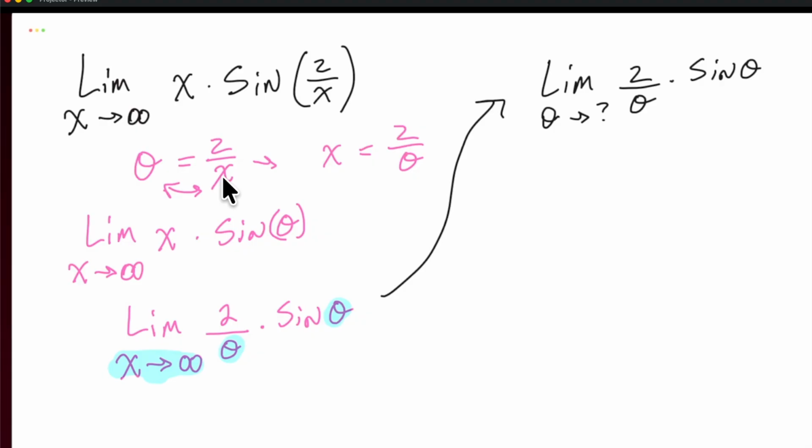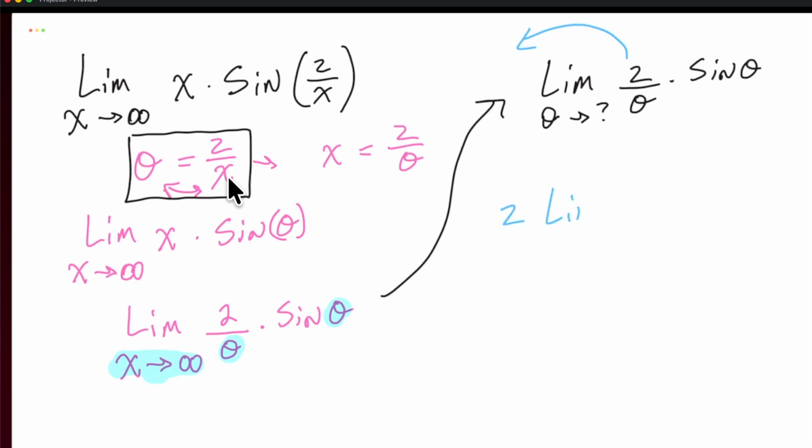Okay, so now as x goes to infinity, what happens to theta? So as x goes to infinity, when x gets very, very, very big, theta is going to go to 0.